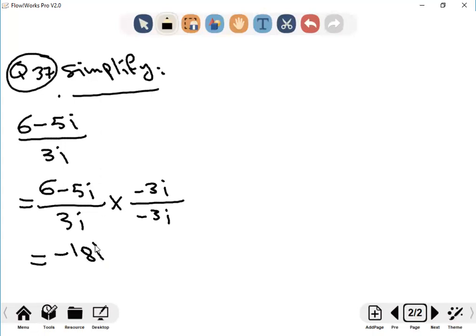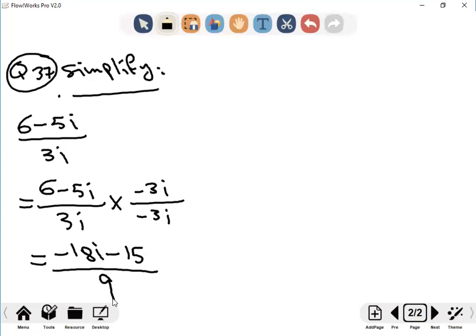Negative 5i multiplied by negative 3i: first, negative 5 times negative 3 is positive 15, and i times i is i to the power 2, which is negative 1. Multiplied by positive 15, it gives negative 15, right? Do you understand why negative? Over 3 times negative 3, negative 9, and i times i power 2 is negative 1, with negative 9 gives positive 9, right?